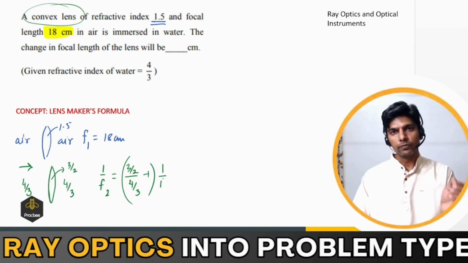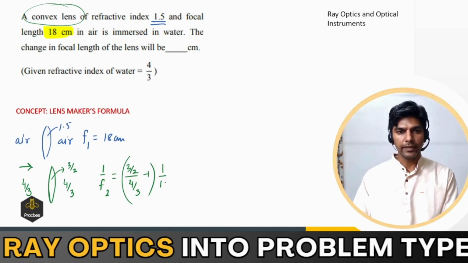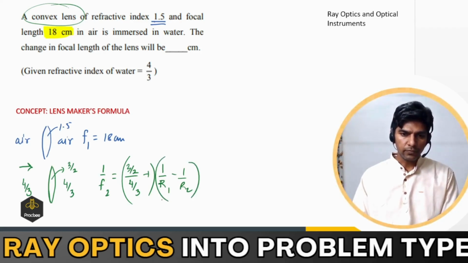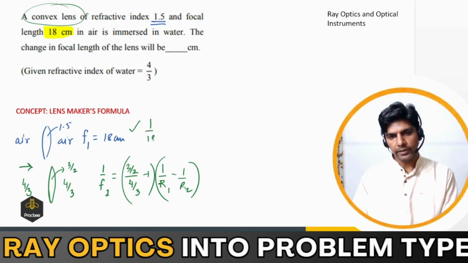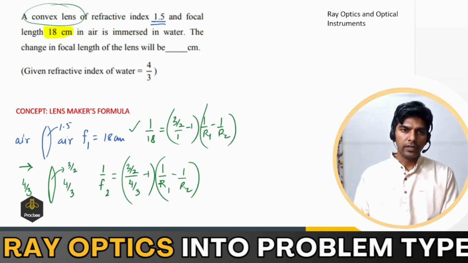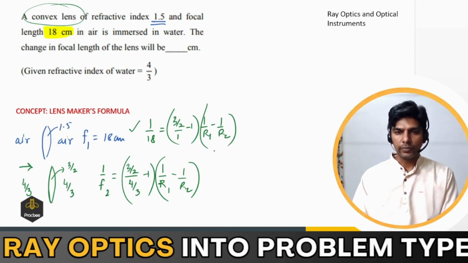So this will become 1 by R1 minus 1 by R2, and I'm assuming that it's an equiconvex lens. So we can find the value of 1 by R1 minus 1 by R2 from this focal length. How can we do that? 1 by 18 is equal to 3 by 2 minus 1 times 1 by R1 minus 1 by R2. So now let us eliminate 1 by R1 minus 1 by R2 from these two equations.